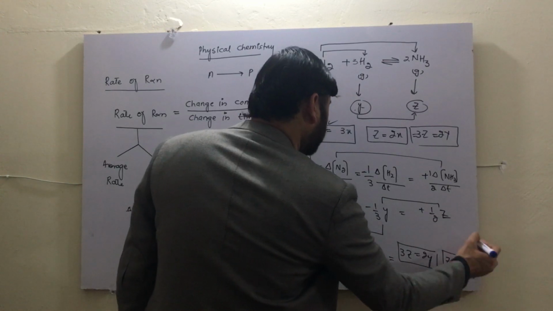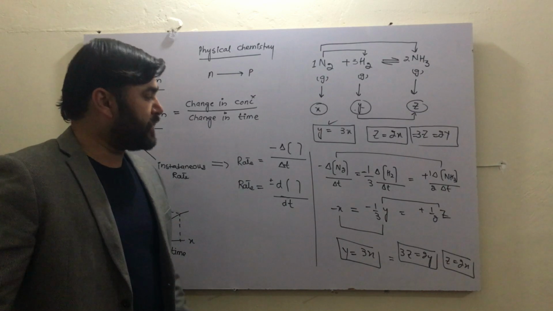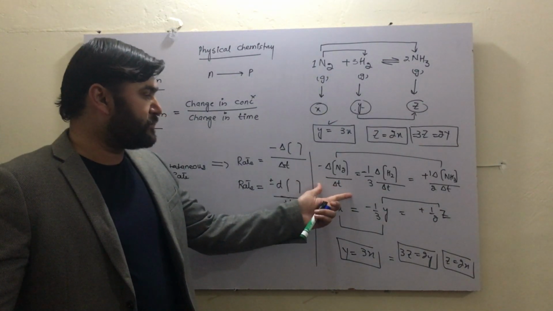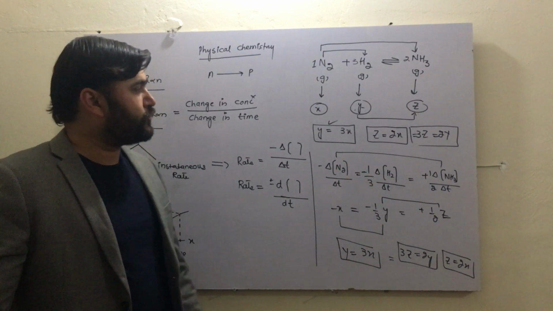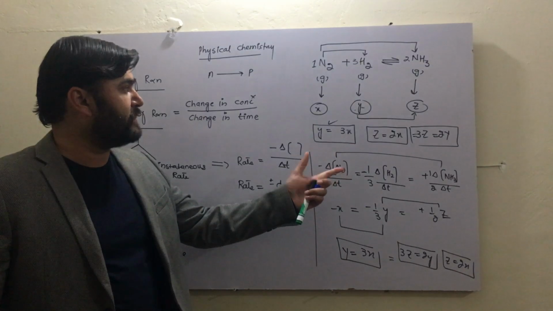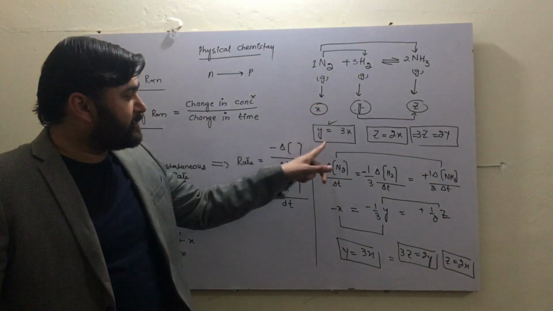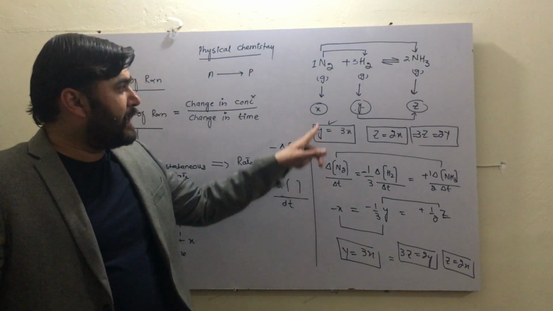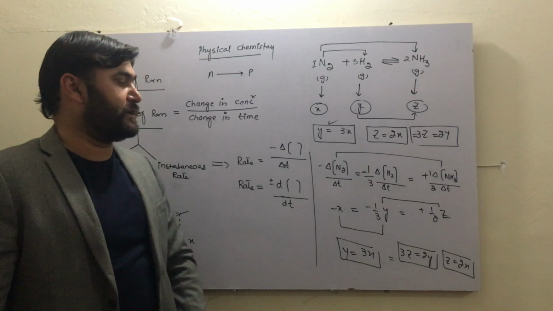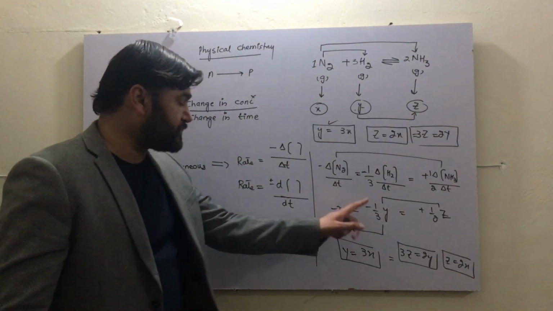So this is an important reaction in which we see whether the rate of disappearance is equal to the rate of appearance. You have to keep these things in your mind. When something disappears we put a minus sign, and whenever something is formed we put a plus sign with it. These are the most important signs.